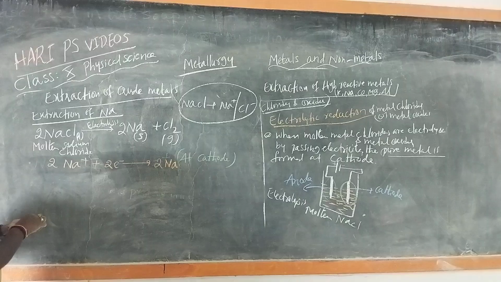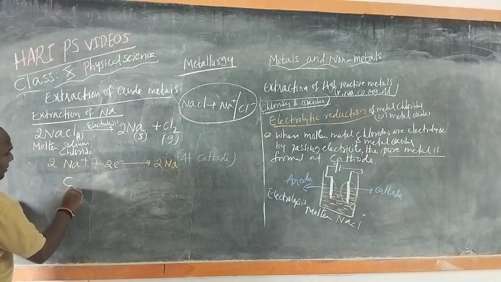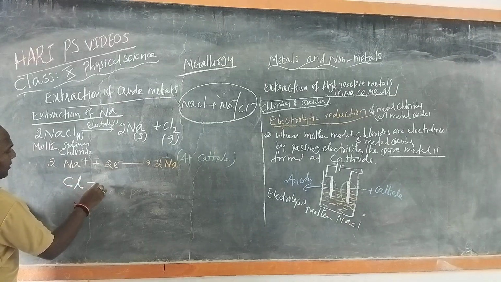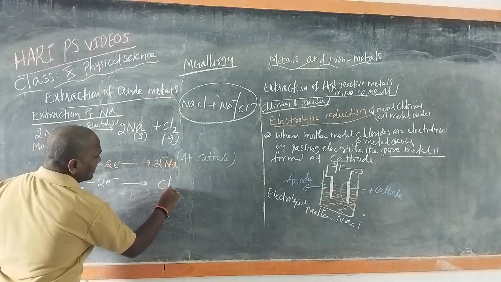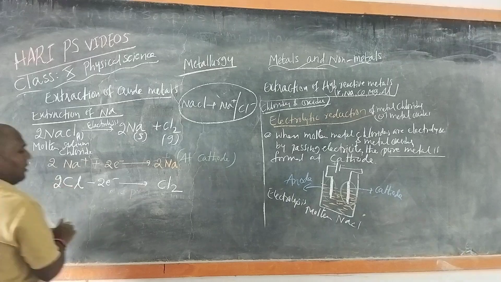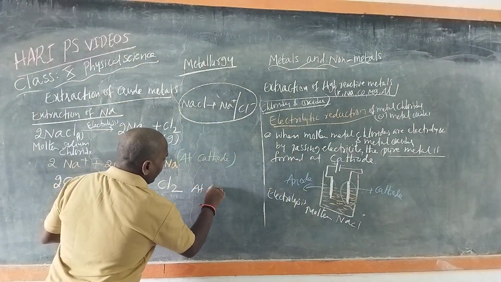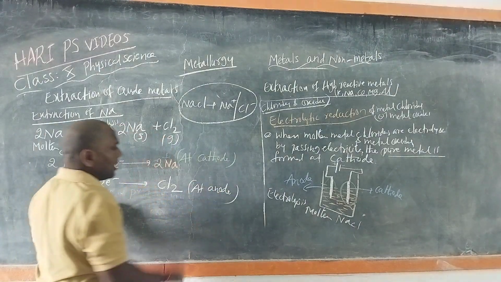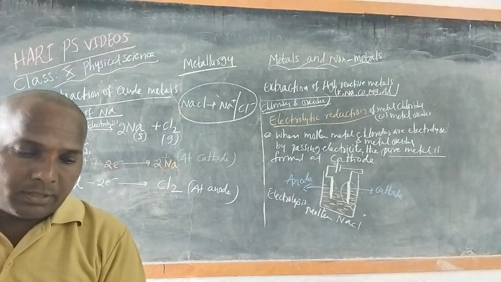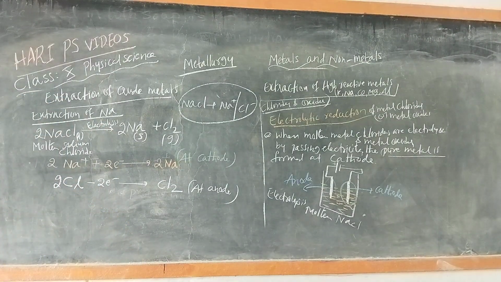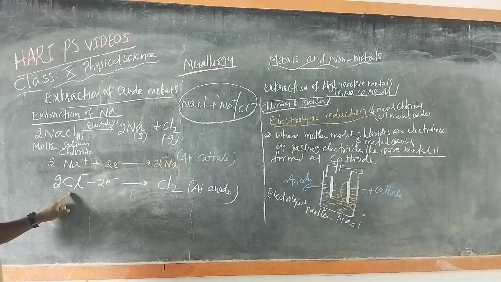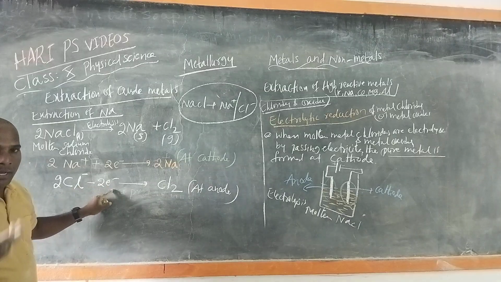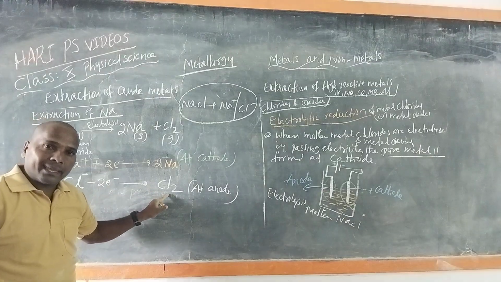Whereas chlorine loses the 2 electrons and forms chlorine, and this happens at the anode. The negatively charged chloride ion is attracted towards the anode and loses the 2 electrons and forms chlorine gas.